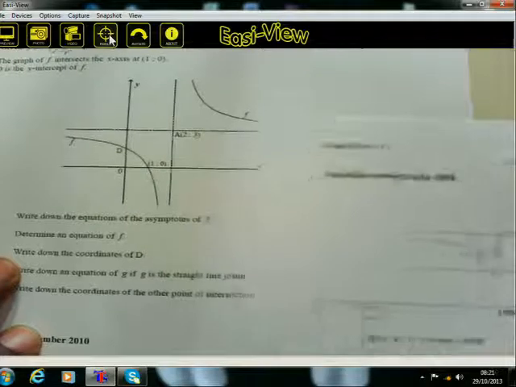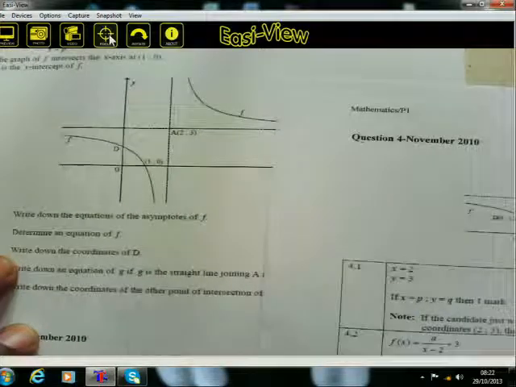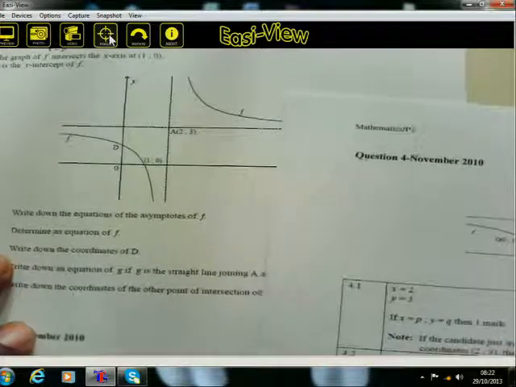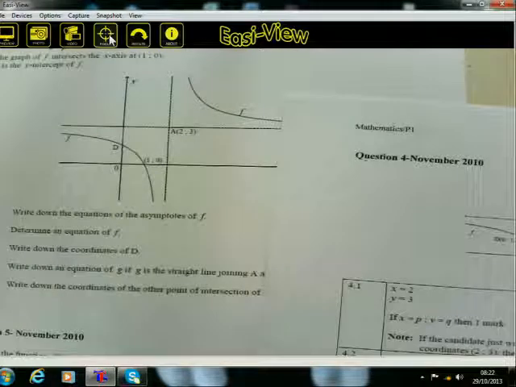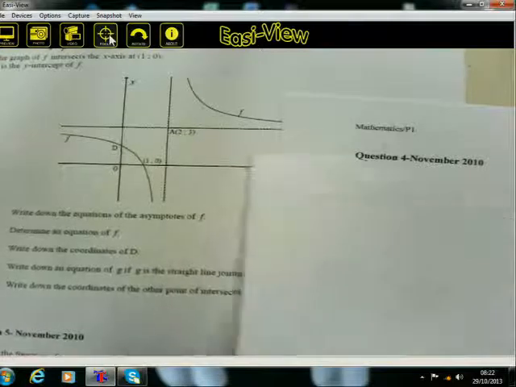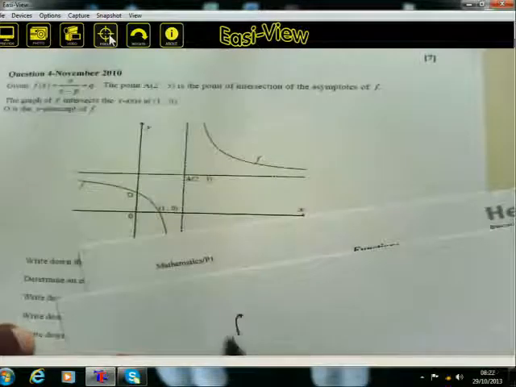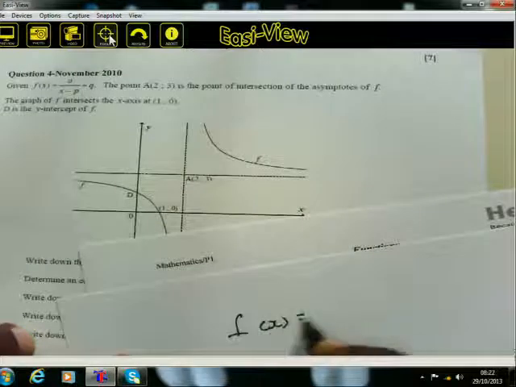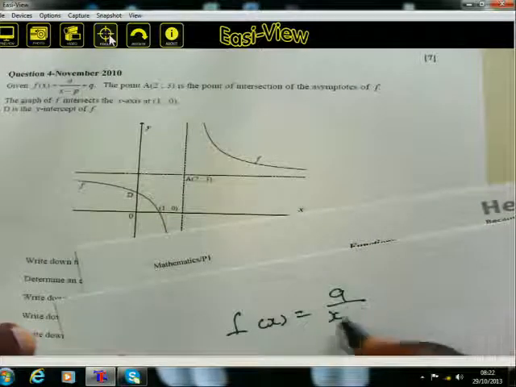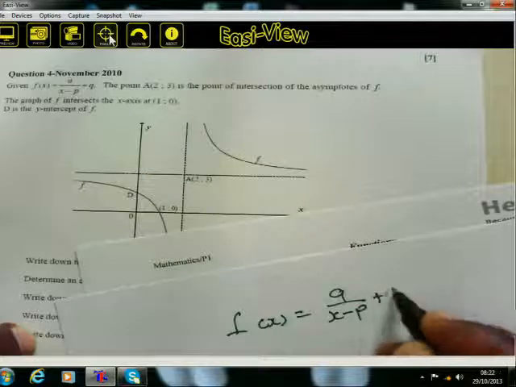Okay, 4.2, the equation of f. Once you have to find the equation, the first thing that you fill in is the asymptote. In the equation, f of x is equal to a over x minus p, plus q.